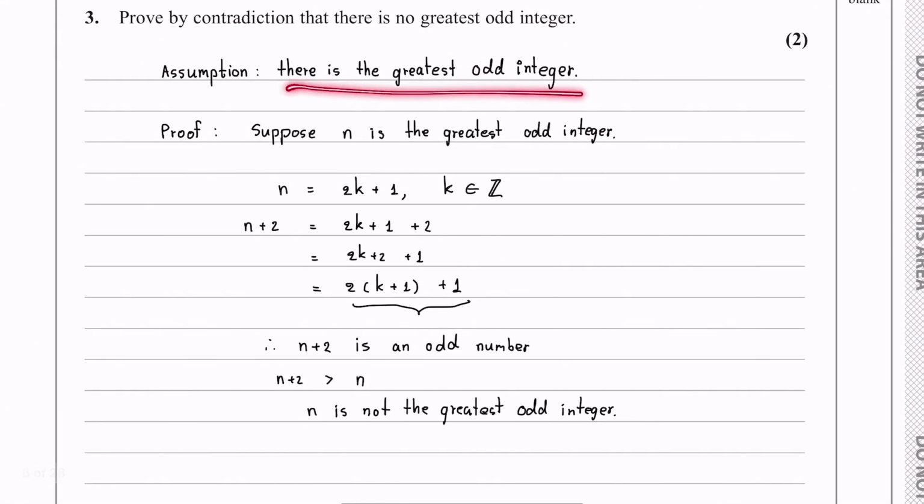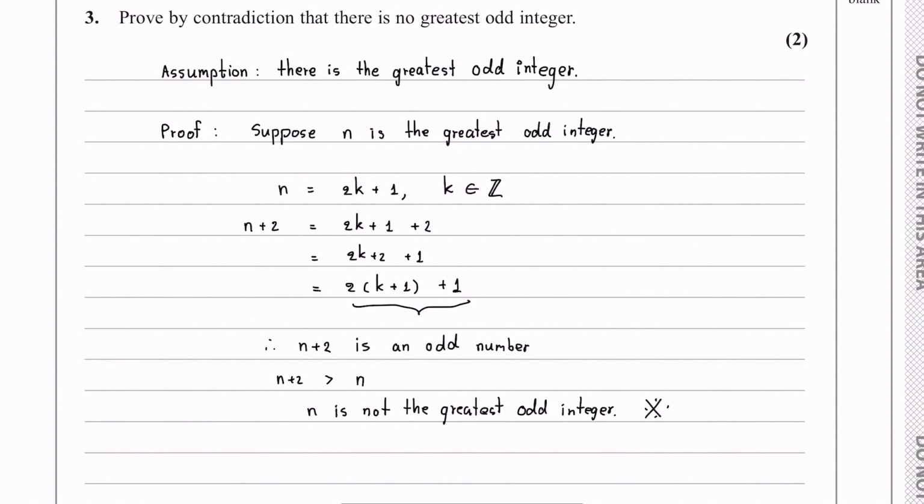In the first place, our assumption said there is a greatest odd integer, which is n, right? n is the greatest odd integer. But eventually we found another number that is also an odd number and greater than n. So that means n is not the greatest number. So you can see the contradiction here.